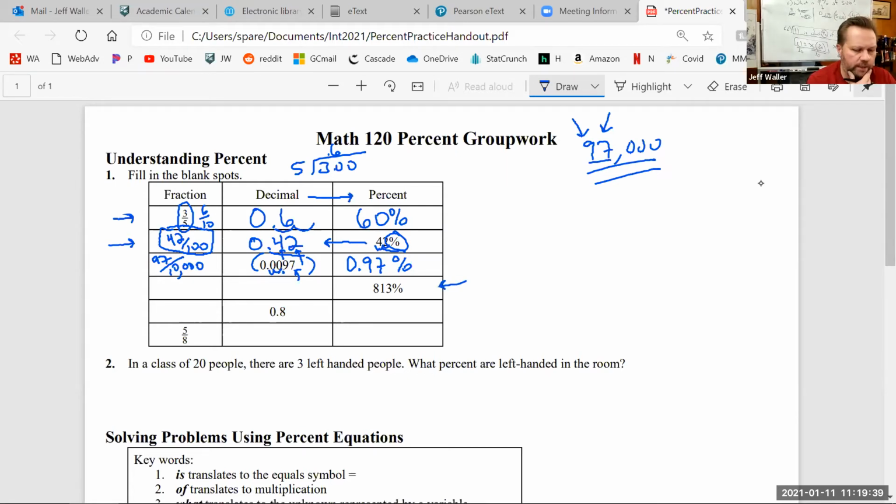So let's look at it a few different ways. To go to a decimal is pretty simple for percent. So let's do that first. How do I make this into a decimal? What do I always do? Move to the left 2 times. Once, twice. So this is 8.13, which makes complete sense because 100% is what as a decimal?